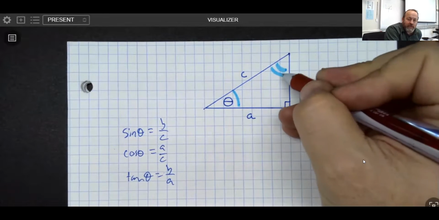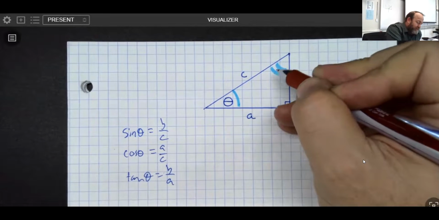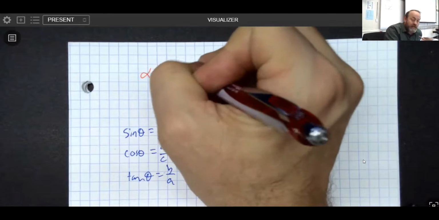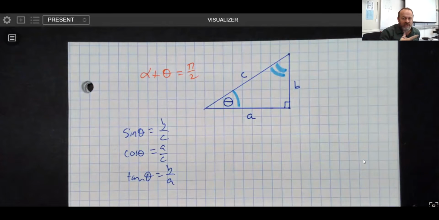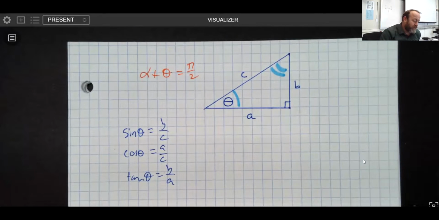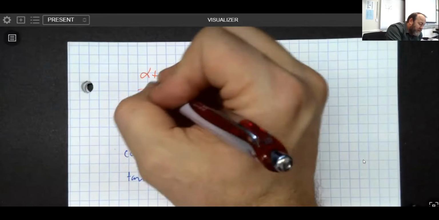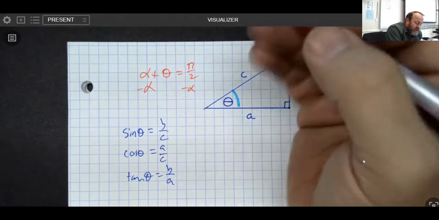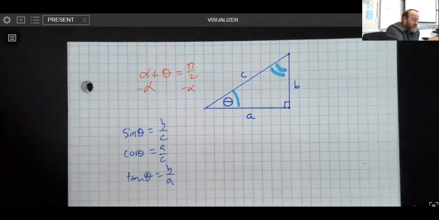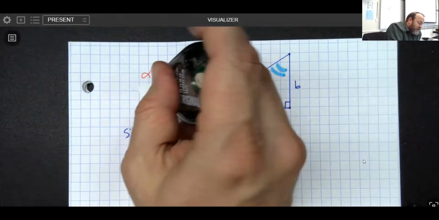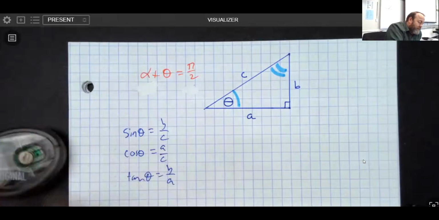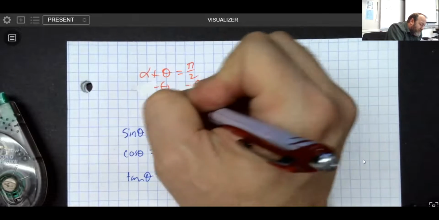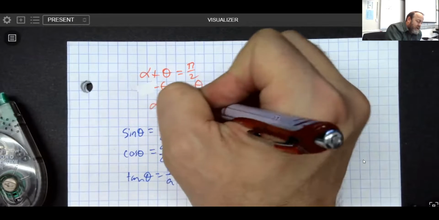So if we thought of this angle right here as, let's say, alpha, I could say that alpha plus theta has to be 90 degrees, but I'm going to use radians because I just like it better. I've told you that before. And so if I brought the theta to the other side, which is actually what I wanted to do, come to think of it, if I subtracted theta from both sides, like I said, we're going to be playing some algebraic games with this, I would get pi over 2 minus theta.